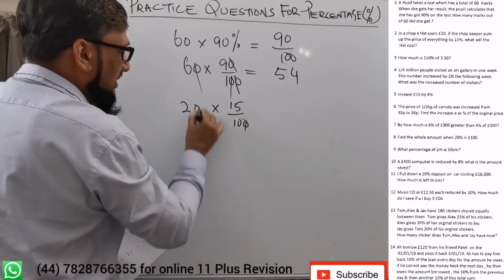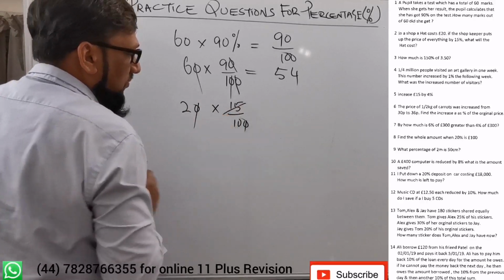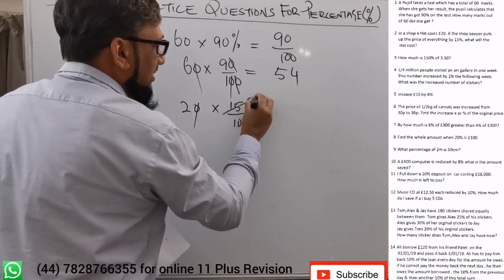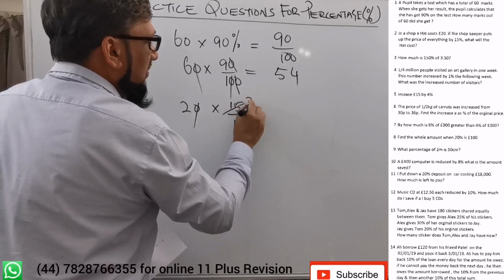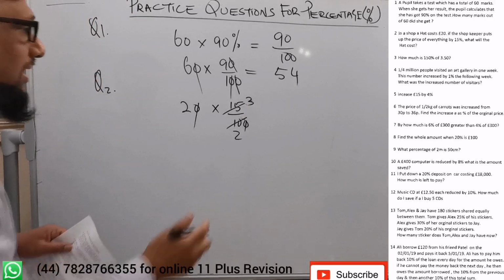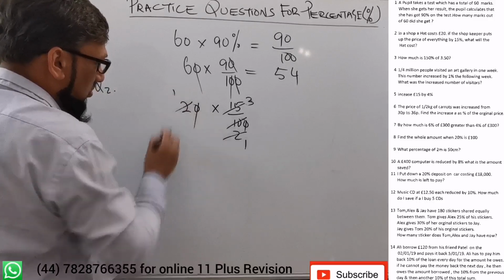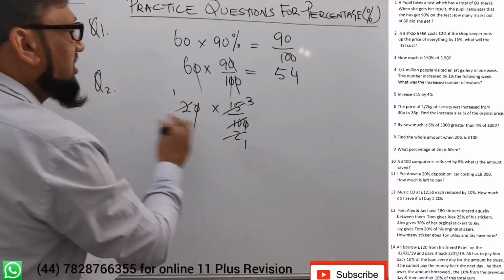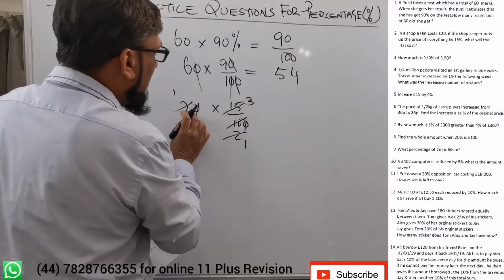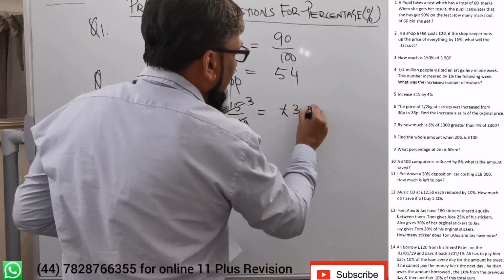This 0 cancels with this 0. And 5 times 3 is 15, and 5 times 2 is 10, and 2 times 1 is 2. So 15% of 20 is equal to 3 pounds.